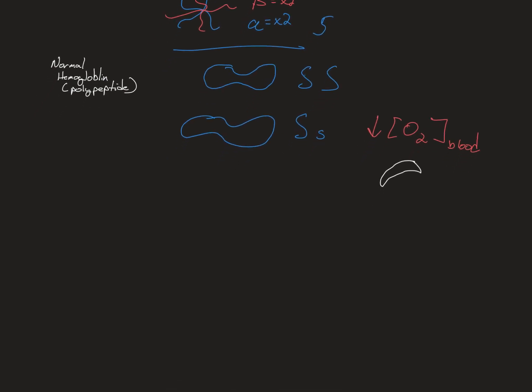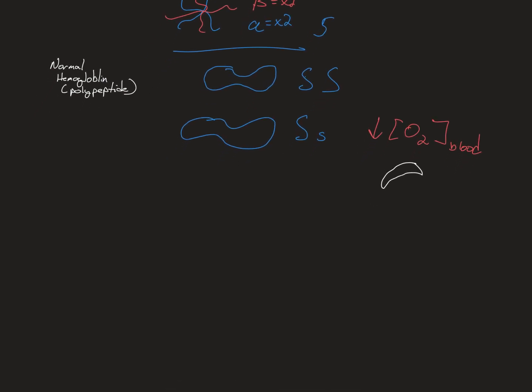All right? Does that make sense so far? So this is 1 mutant gene, hemoglobin or polypeptide, and 1 normal polypeptide. Normal and mutant. And then, of course, if you have two mutant genes, then low or high oxygen, you have sickle cell.